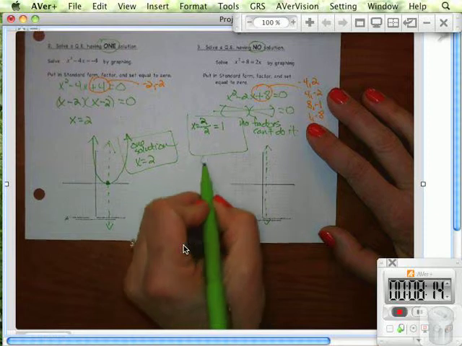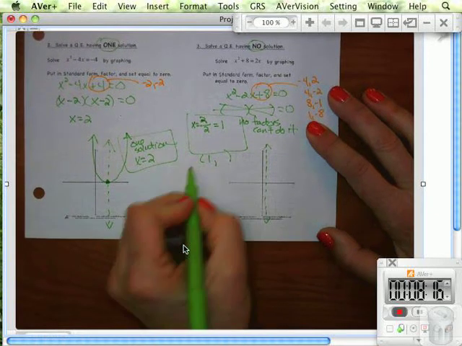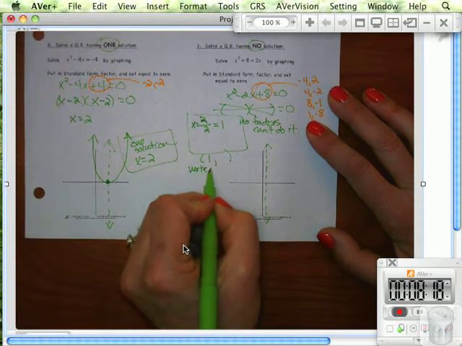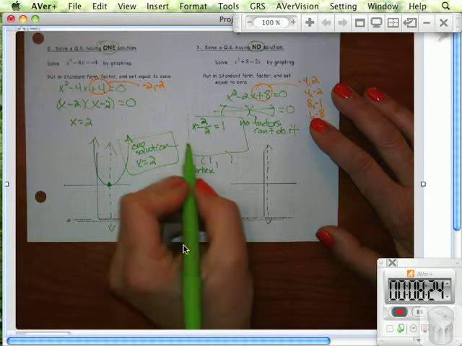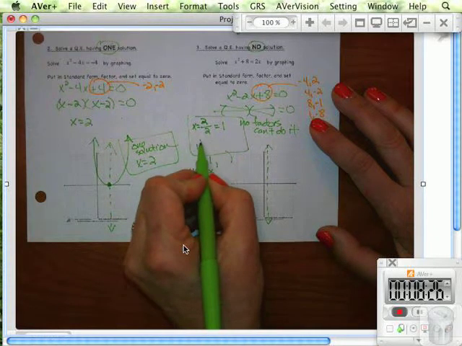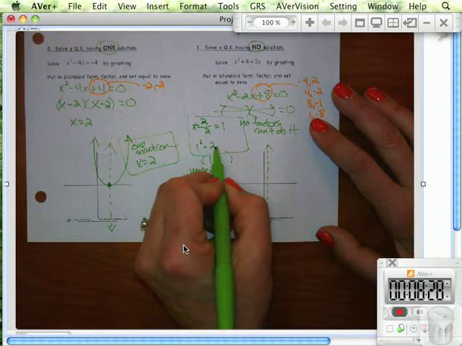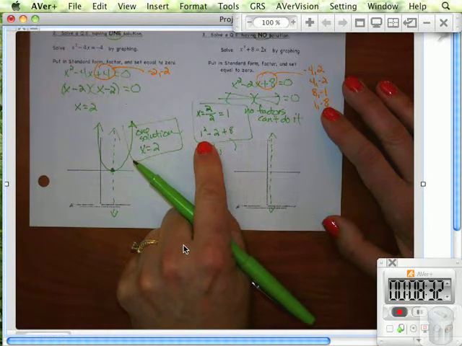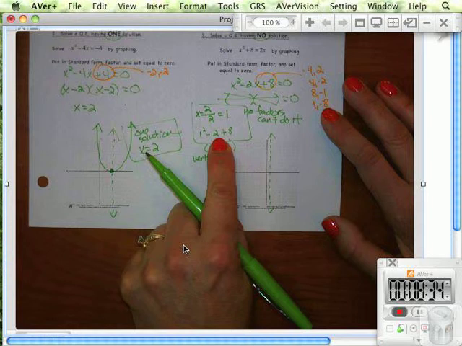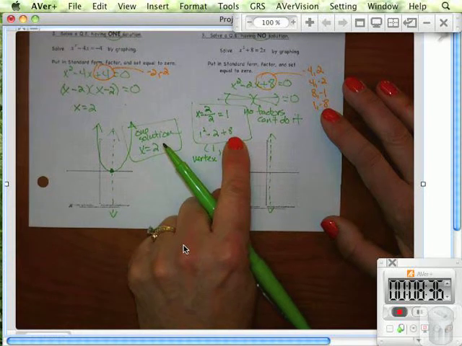So we know the vertex is going to have an x-coordinate of 1. So let's plug that into the equation. One squared minus 2 times 1 plus 8. What's 1 squared? 1, minus 2 is negative 1, plus 8 is 7.